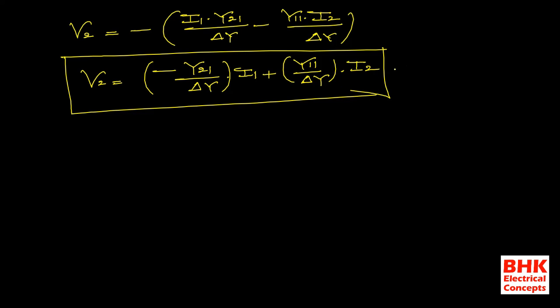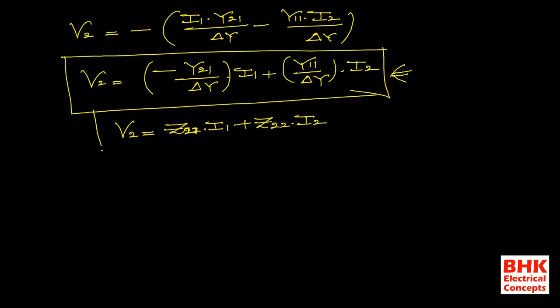Okay, now we need to compare this expression with the equation of impedance parameters, that is v2 is equal to z21 into I1 plus z22 into I2.